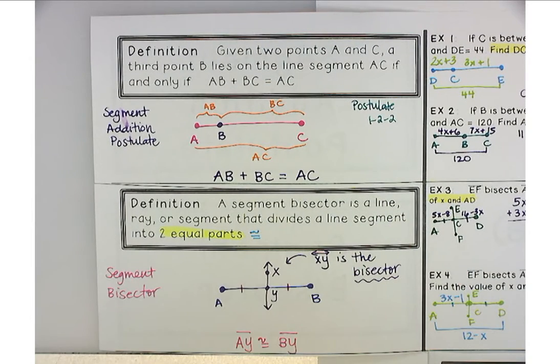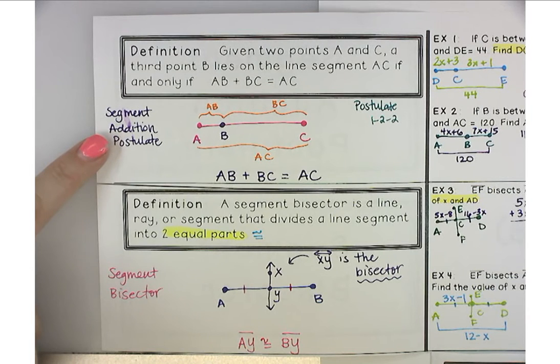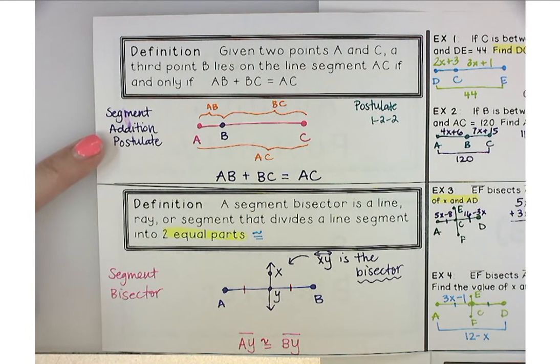So the very first flap we have is really important. That's called the segment addition postulate. And we're going to do a lot of things that have to deal with segment addition. And if you even think of what the title is, segment addition, what you're doing is adding segments together.